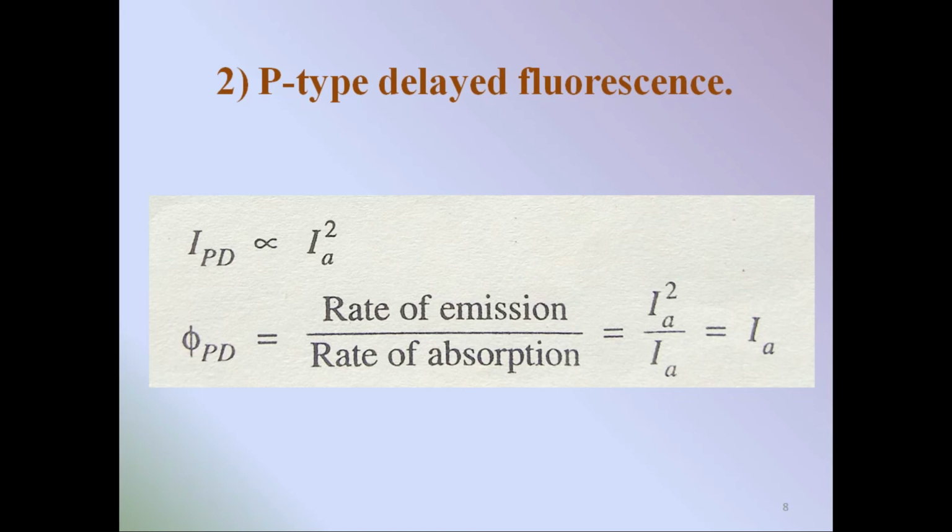So in P-type delayed fluorescence, two triplet states collide, and on collision one excited singlet state S1 and another ground singlet state S0 are formed. This excited singlet molecule finally relaxes with the emission of radiation, and this is called P-type.